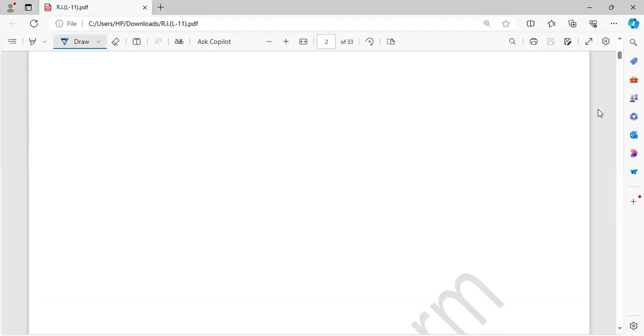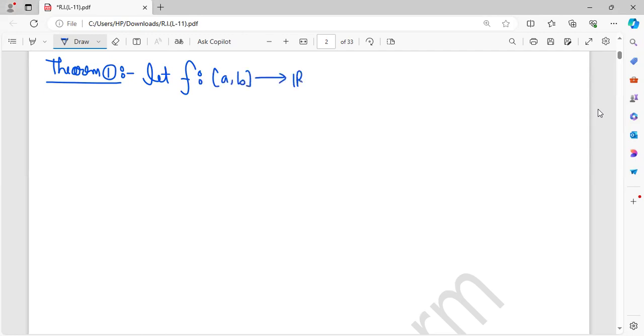So theorem, we start with the theorem. Let f from closed interval [a, b] to R be a bounded function and c belongs to R such that c is in (a, b).